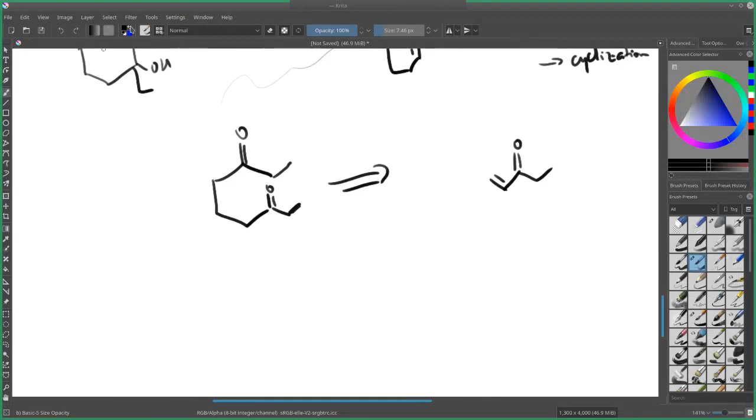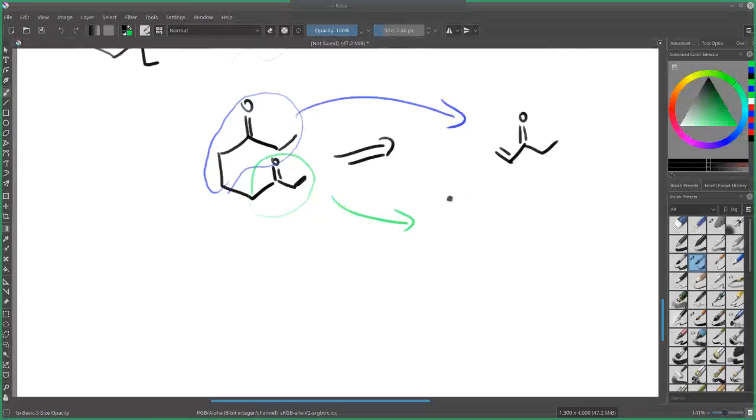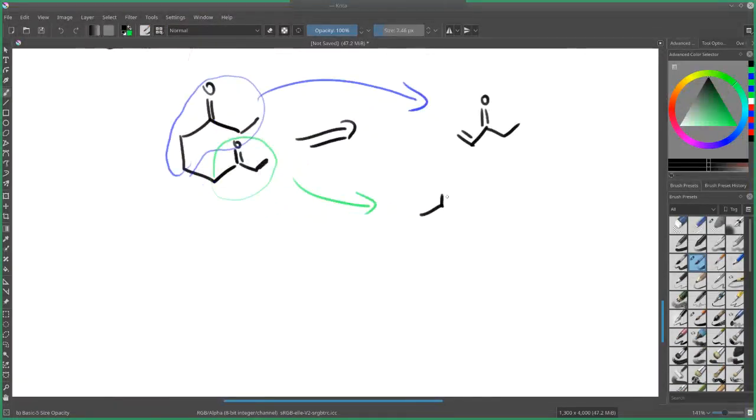So let's say we make this ketone the conjugated one, which should look like that. Then this other one, let me pick a different color here, this other one will be our enolate. So it will wind up looking like that.